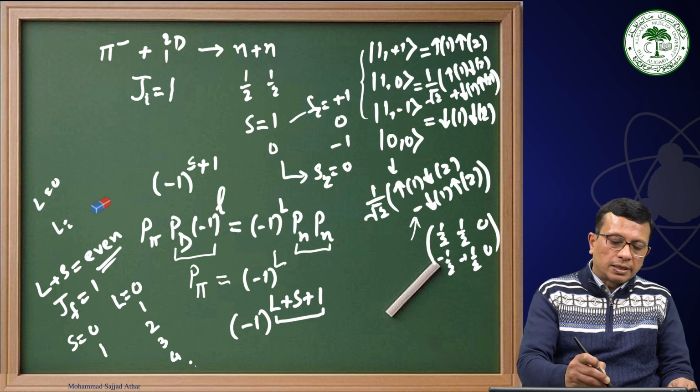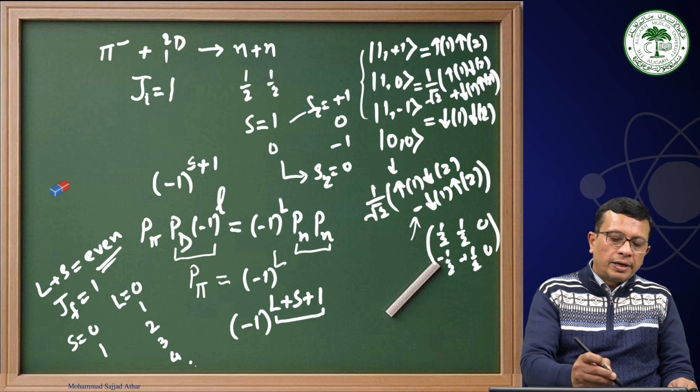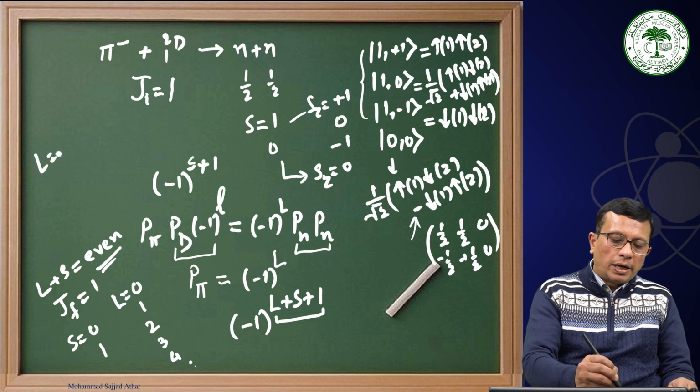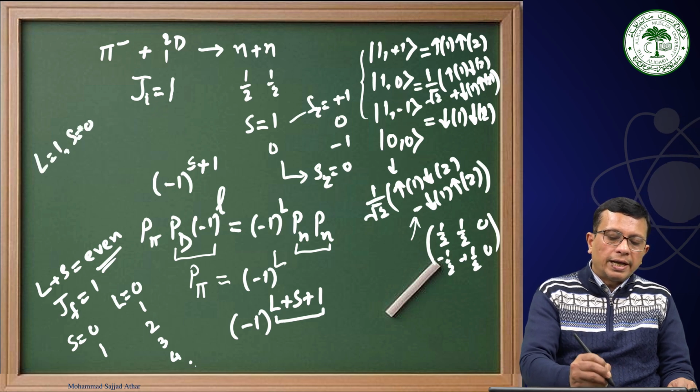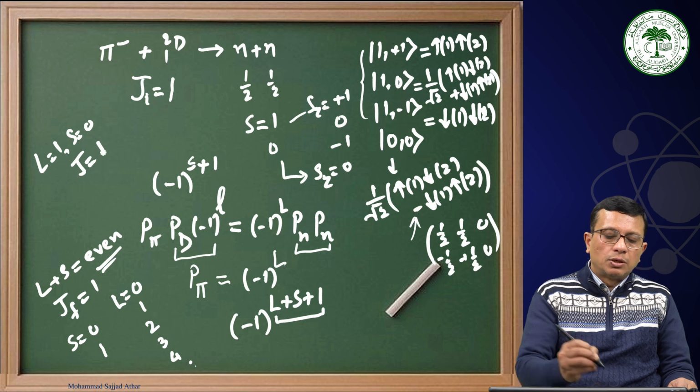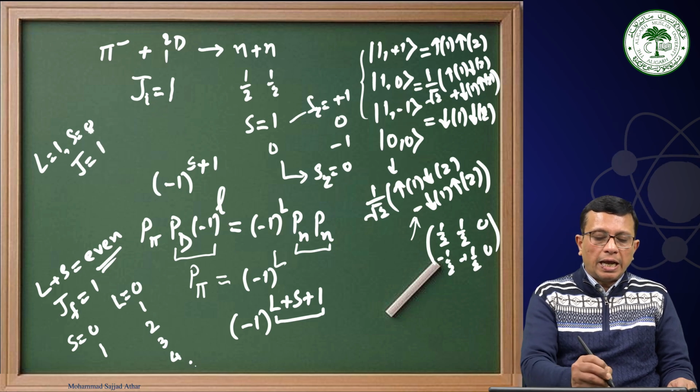Then we look for other possibilities where we have L is 1, S is 0. Again, this will give us J equal to 1. But again, L plus S is not even.